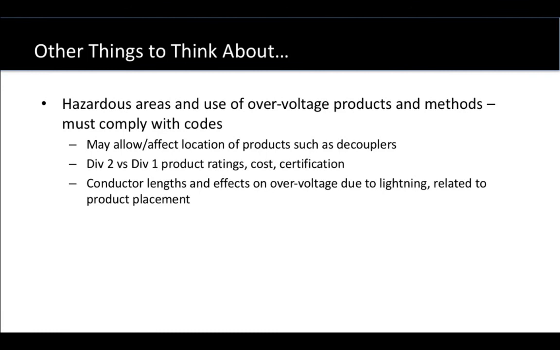That is not a good choice, and the reason is you've introduced excessive conductor length, which adds inductance, which then has problems during lightning conditions due to fast rising waveforms. It's back to that issue of inductance of the leads. So there's an entire topic also built around hazardous locations, product selection, and use, but this is just an introduction to say don't forget about that topic.